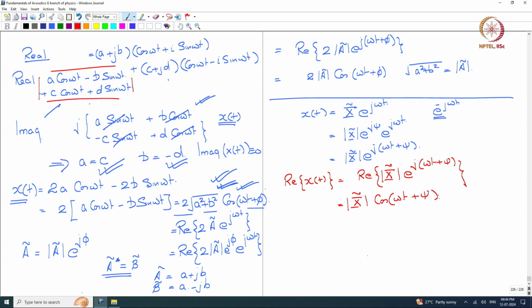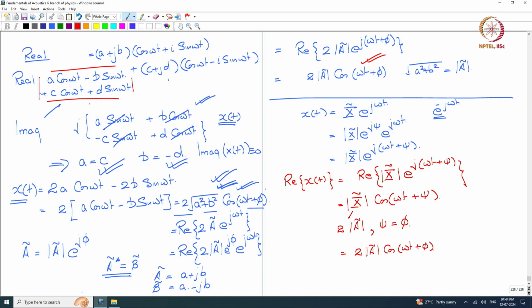Okay. Now the problem and its conditions will give me x tilde to be twice magnitude A tilde and psi will be equal to phi, so that finally my answer is the same as this. Finally my answer is twice magnitude A tilde cos of omega t plus phi.